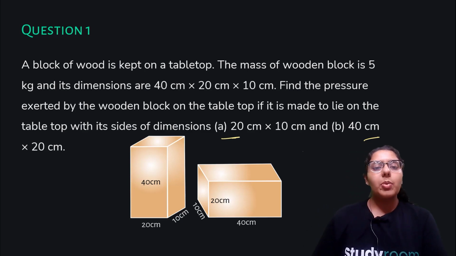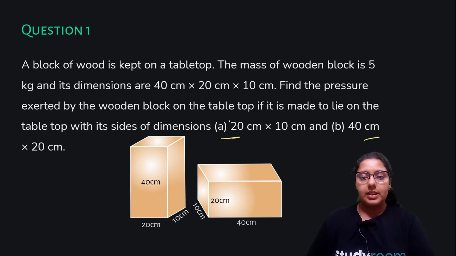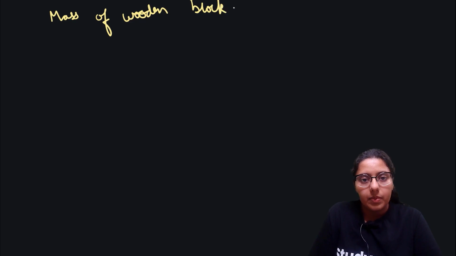We know pressure is force upon area, so we need to calculate the area in both the cases, right? So let's get started. Firstly, the mass of the wooden block is 5 kgs, correct?